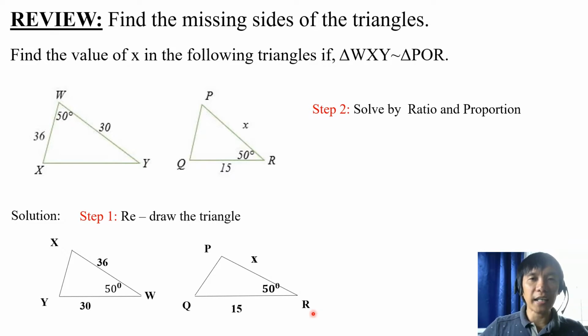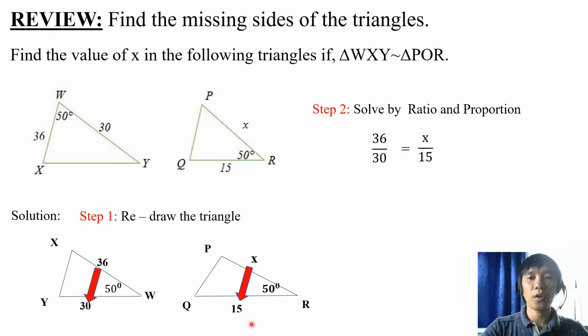How do we use ratio and proportion on triangles? We simply find the first value and pair it with the second value, that's 36 and 30, so we make a ratio of 36 over 30. Since we chose 36 here, on the other triangle we also choose x as our numerator and 15 as our denominator.